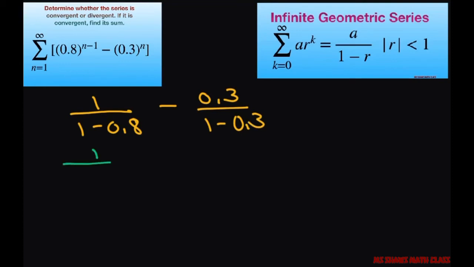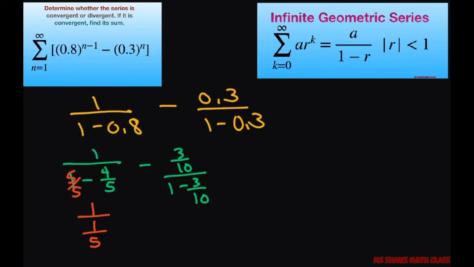This is going to be 1 divided by 1 minus 8/10, which is 4/5, minus 3/10 divided by 1 minus 3/10. All right, so let's simplify this. This is 5/5, so you get 1 divided by 1/5. And this is going to be 3/10 divided by, I'll just write this as 10/10 minus 3/10, which is 7/10.